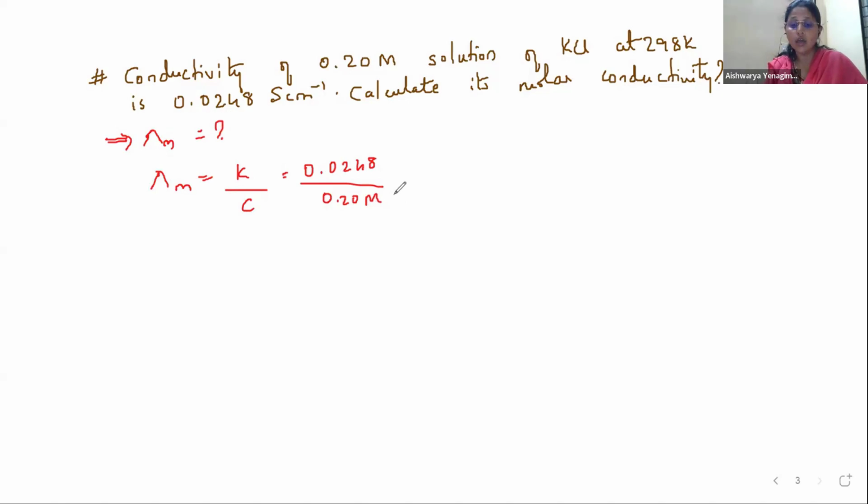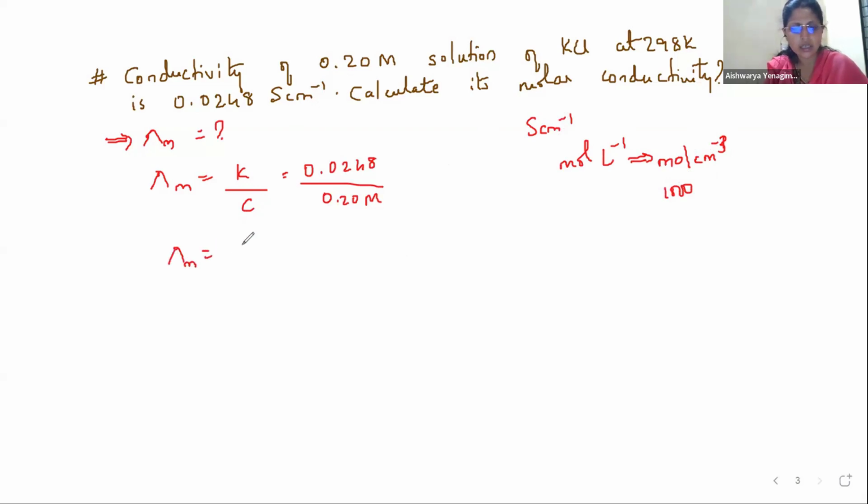Since kappa is in the form of Siemens centimeter inverse, I want molarity in centimeter inverse terms. Molarity means what? Moles per liter. I want it in moles per cubic centimeter, correct? So I can have the factor of 1000 here. How will I write it?